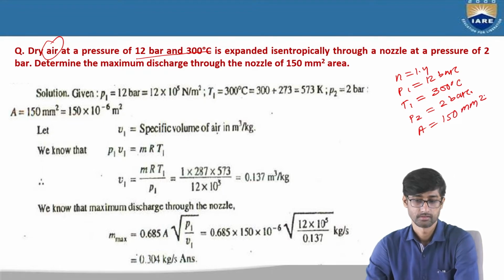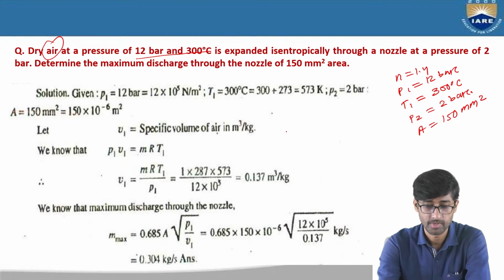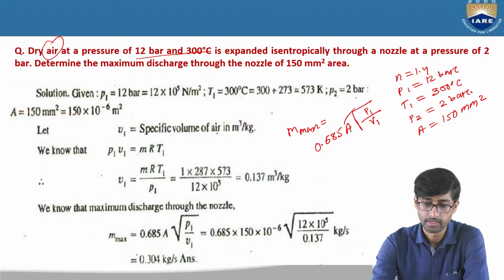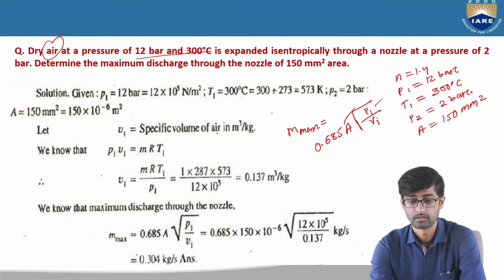Right. So already we know, since it is air, the maximum discharge will be equal to 0.685 into A under root P1 by V1. This area is given as 150 millimeter square, and P1 is given. What is the volume V1?